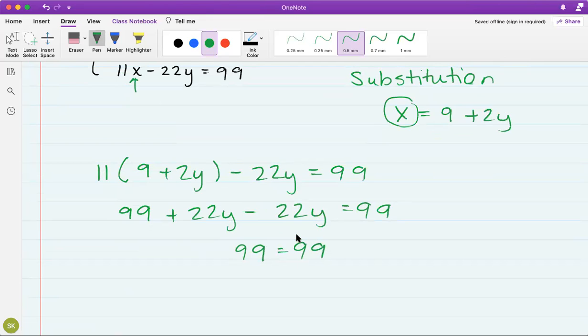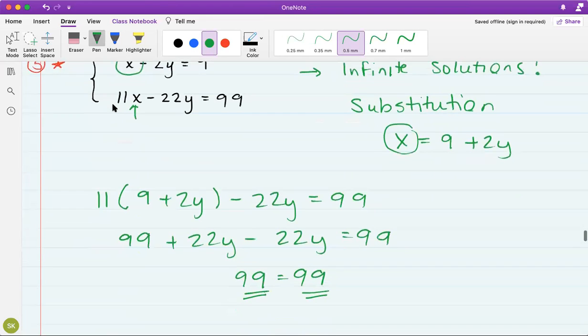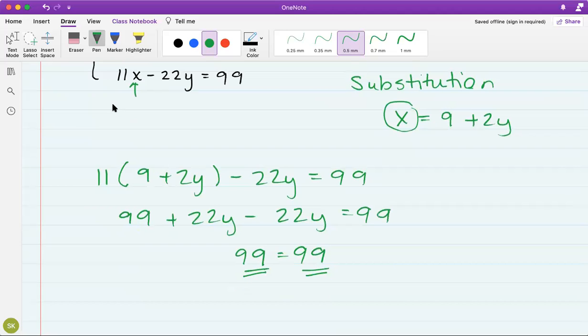If you ever run into this situation where the variables disappear and you get a number equal to that same number, it could be any number as long as that same number is on this side, then you have infinite solutions. You got a true statement. For any value you plug in for x, the y will depend on that value. The dependency relation is given by the equation of this line, but you're going to have infinite solutions.